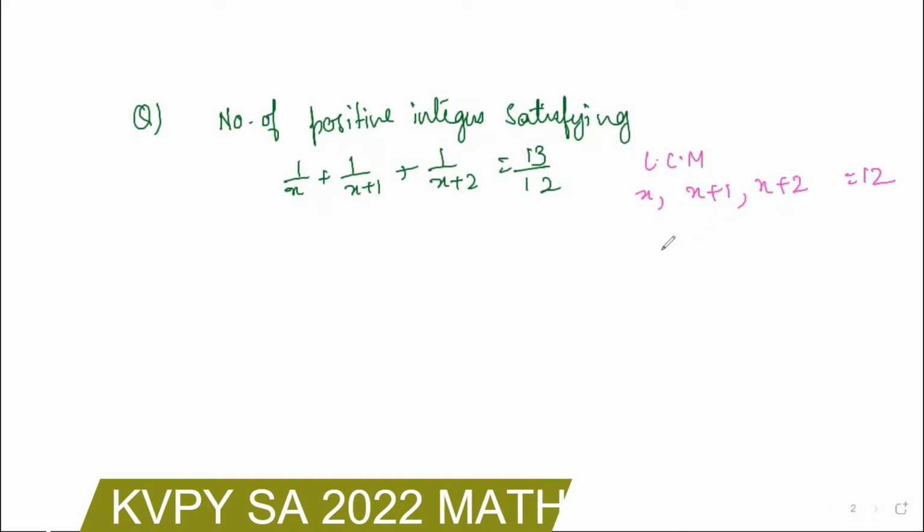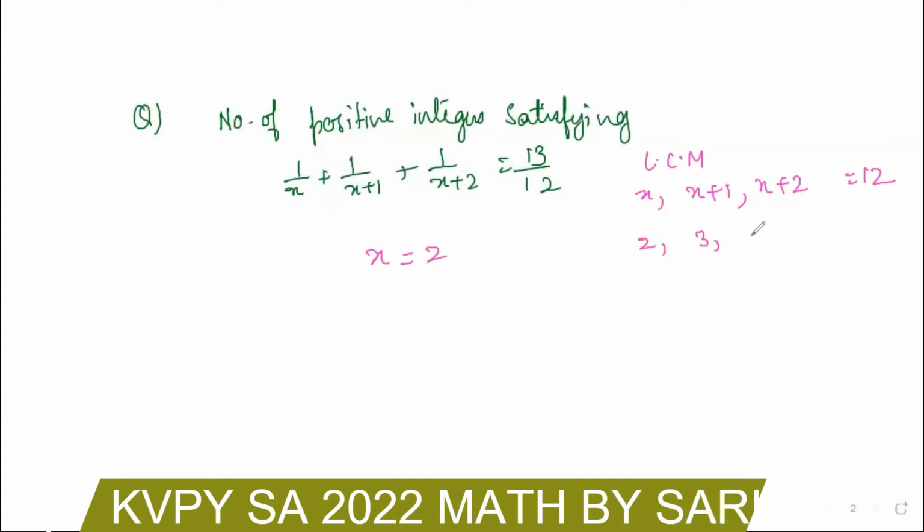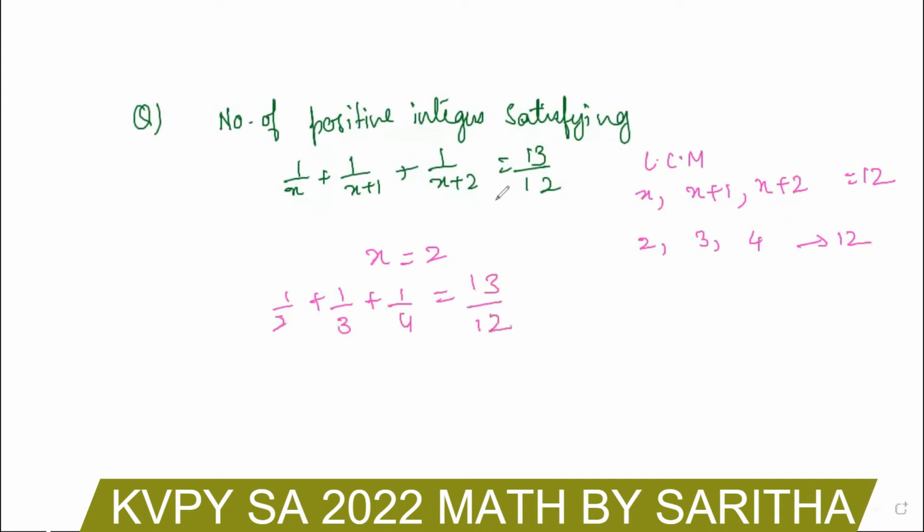So the only way those numbers can be chosen is when x is equal to 2: 2, 3, and 4. The LCM is going to give us 12. So 1/2 plus 1/3 plus 1/4, the sum is going to give us 13/12.